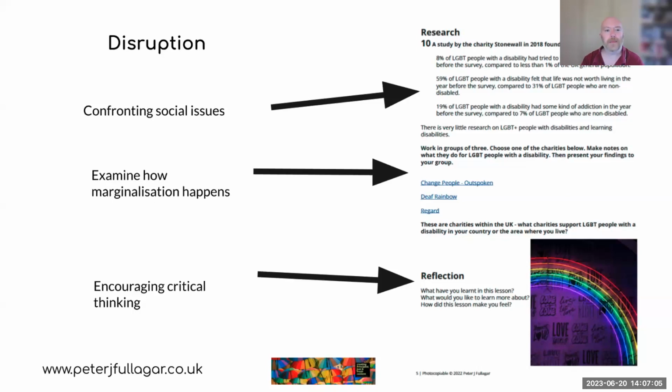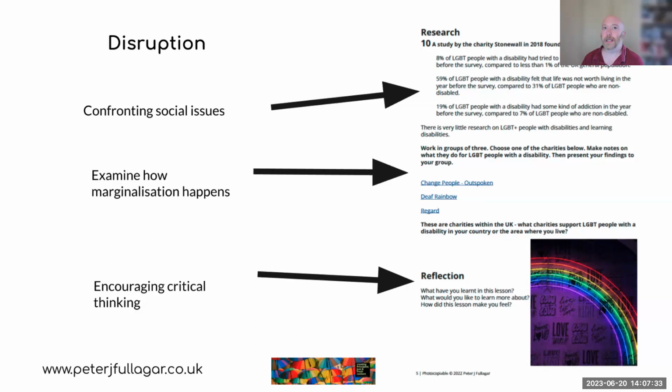So there's an examination of how marginalization might happen. But then also there's an encouragement of critical thinking about how we can make things better for disabled LGBT plus people. And what I have found is that students do tend to react quite well to these sorts of materials because it's not something they've seen before.